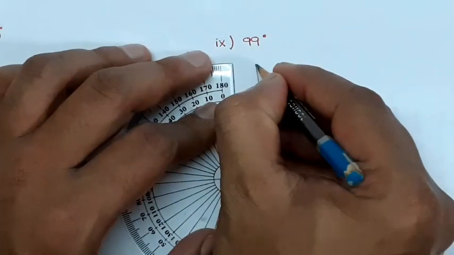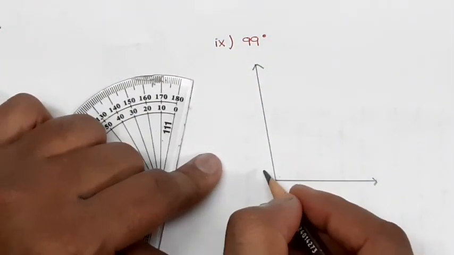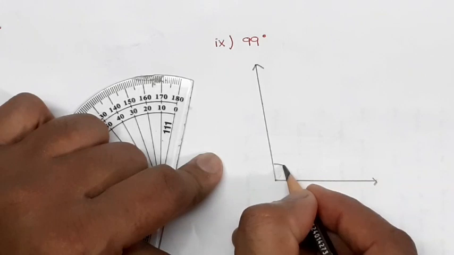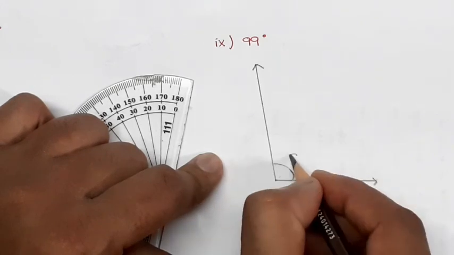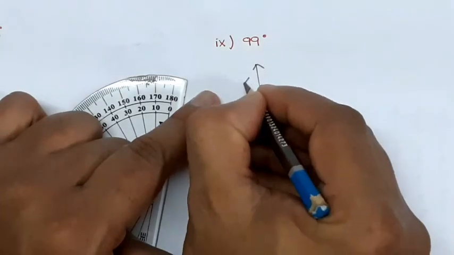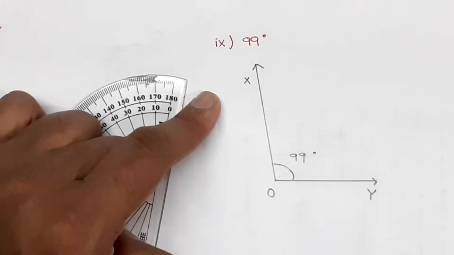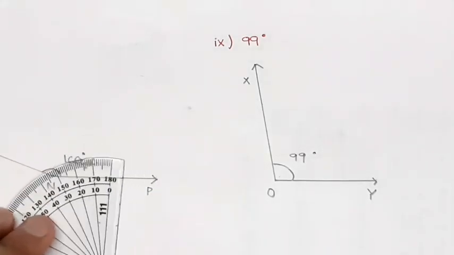Please use a pencil with a sharp edge, children. Otherwise it is going to be wrong. And don't make anything bold. This is going to be 99 degrees, and we are going to name it XOY. So angle XOY is 99 degrees.